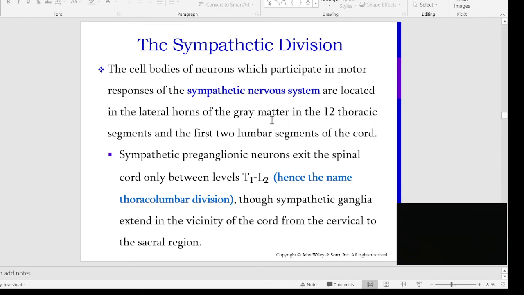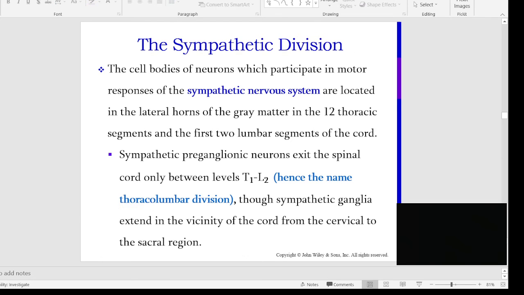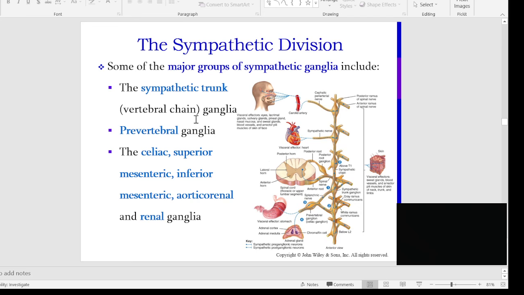The sympathetic division arises from levels T1 to L2. Hence it is called the thoracolumbar division of the sympathetic. Then there are the sympathetic trunks. Never mind that. Celiac, mesenteric.